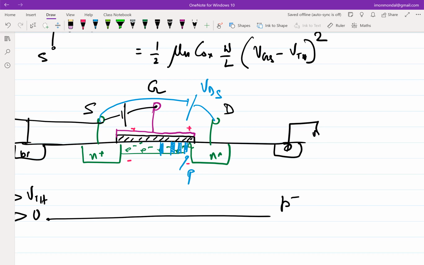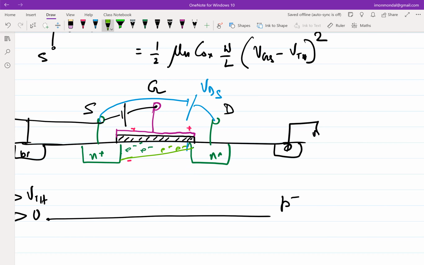So because the source side will be turned on more, naturally I can argue that the concentration of the electrons towards the source side will be higher than the concentration of the electrons towards the drain side, right? So if I sketch the electron concentration profile, it should look something like this, correct?